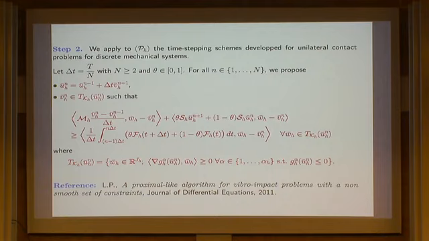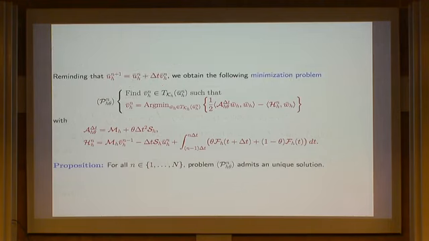So, of course, if we look at this inequality, it seems to be difficult to solve, since here we have something which looks like an implicit term with U bar Hn plus 1. But indeed, if we replace U bar Hn plus 1 by using the updating rule for the approximate positions, we can rewrite once again the fully discretized problem as a minimization problem, which is a quadratic minimization problem under linear constraints.